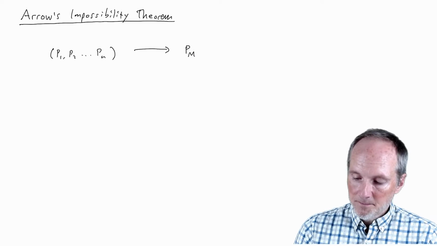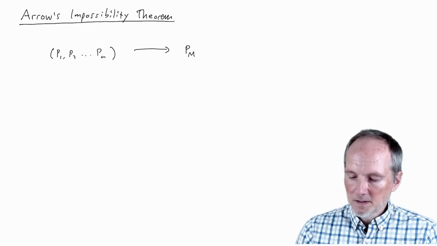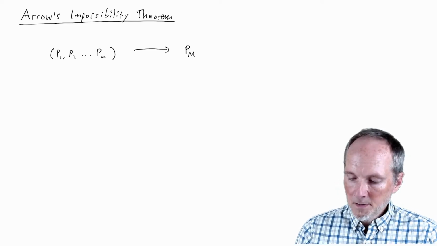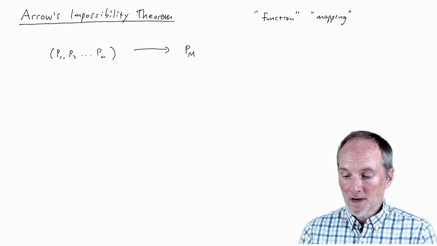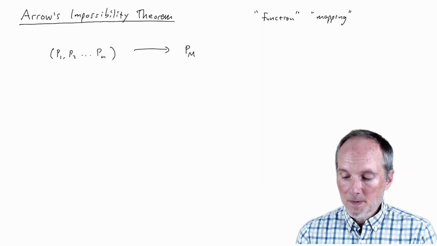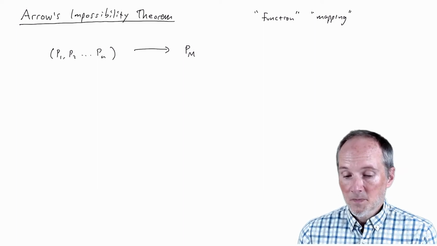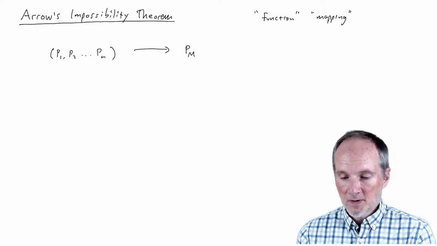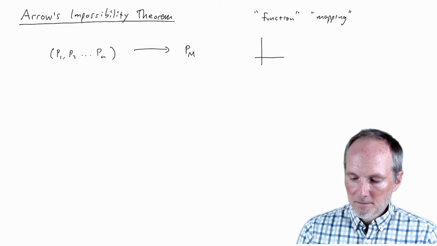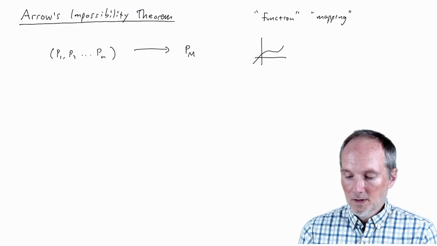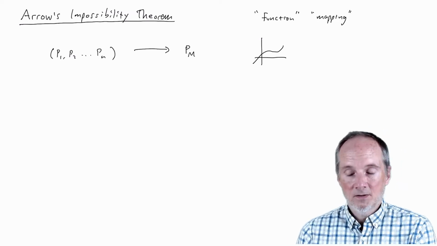Just a little mathematical aside, the terms function and mapping, I'm going to use synonymously. They mean the same thing. We've seen functions before, obviously. We've graphed functions that take real numbers and give you back new real numbers.